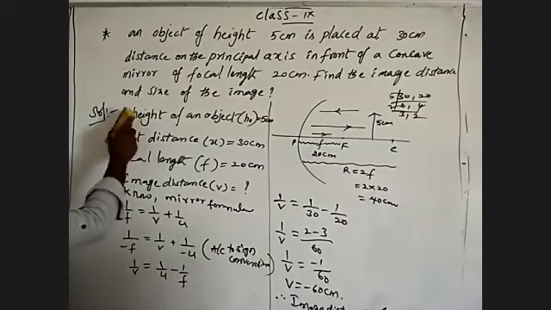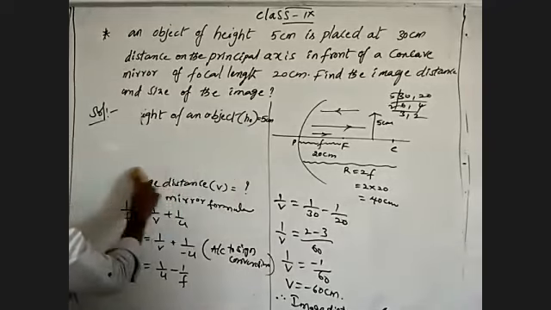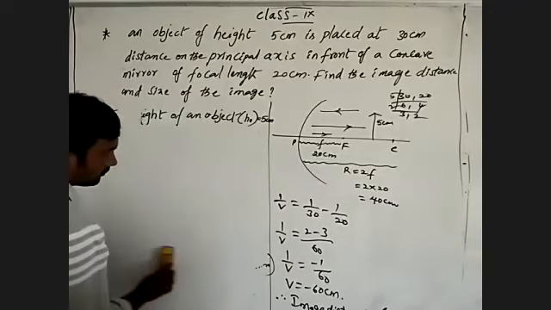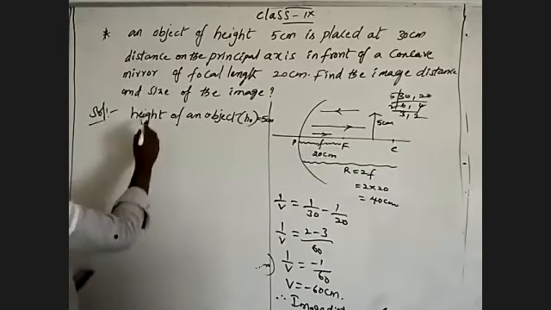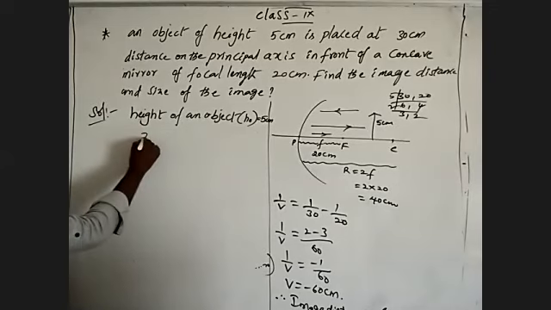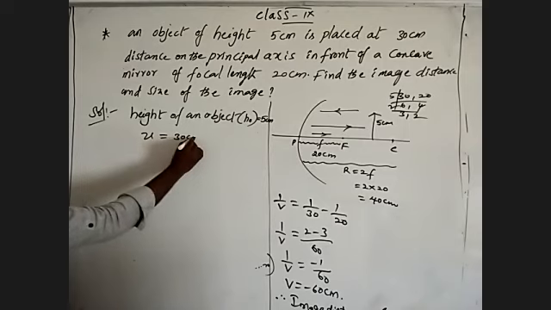I will erase this. See there, the height of the object is given, and the object distance also is given. How much is the object distance? 30 centimeter.